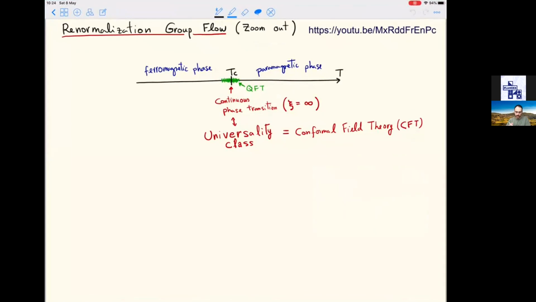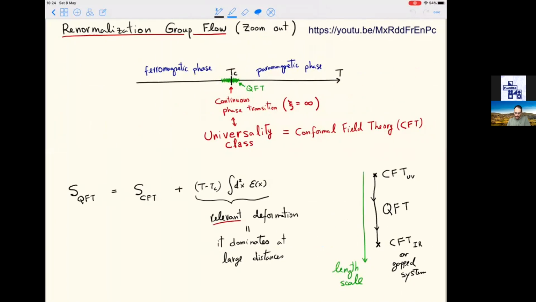So the statement I want to make is that quantum field theory describes the neighborhood of the critical point where the correlation length is much bigger than the lattice spacing. If you sit exactly at T equals Tc, that's actually a special quantum field theory, a conformal field theory, because it's a scale invariant quantum field theory.